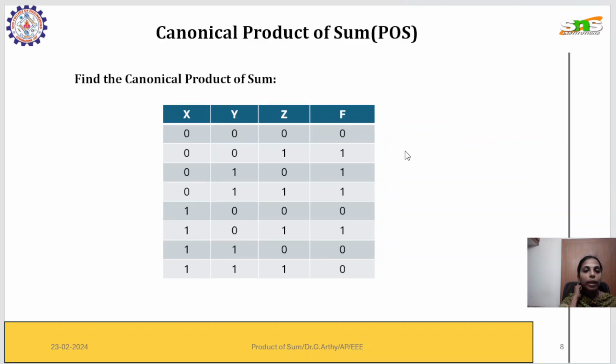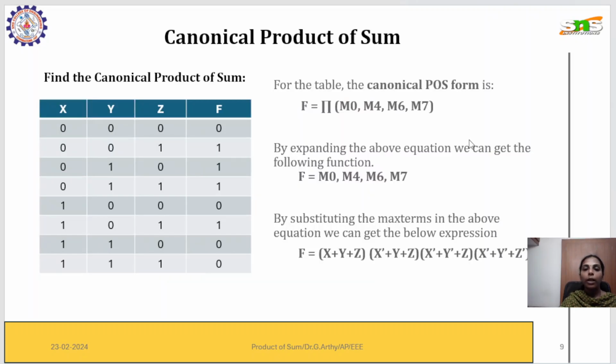Now let us find the canonical product of sum. This is again an input with a function, the same function as we have seen for SOP. Now write the canonical POS form. For SOP we use summation; here we use product, because it is the product of all these terms.